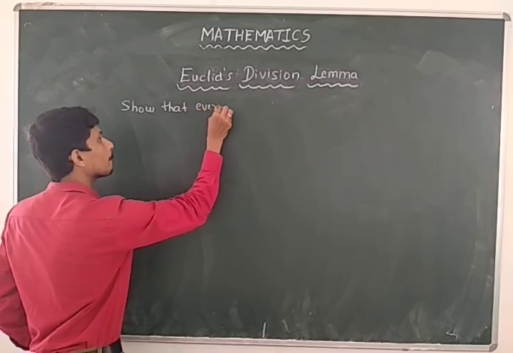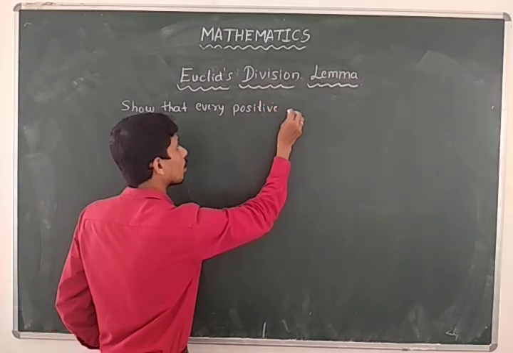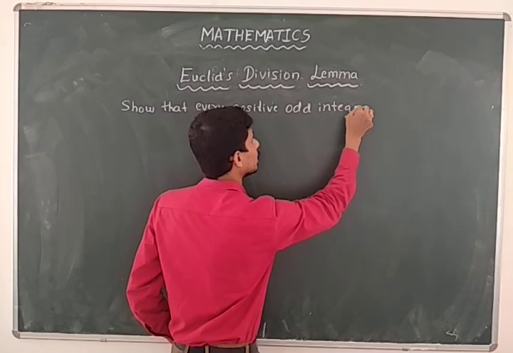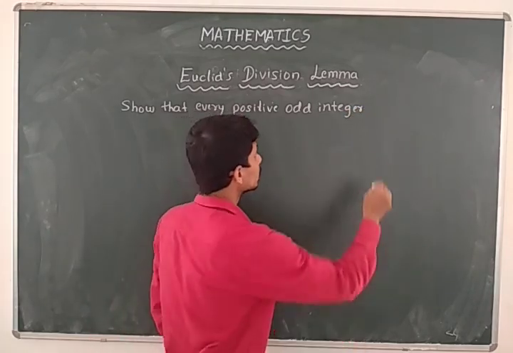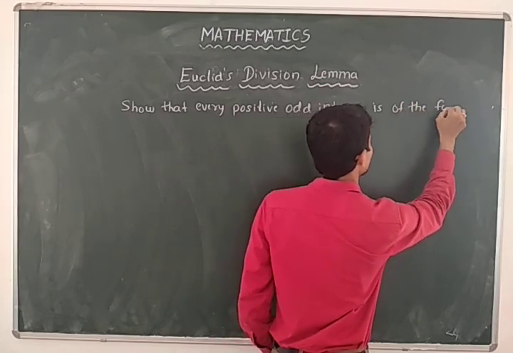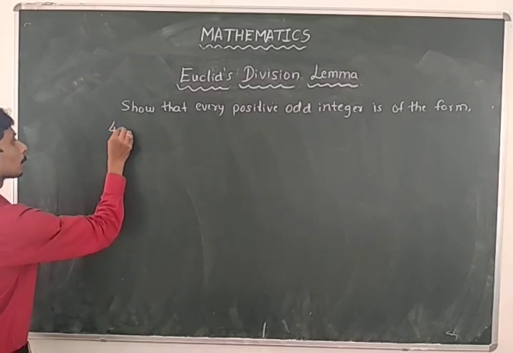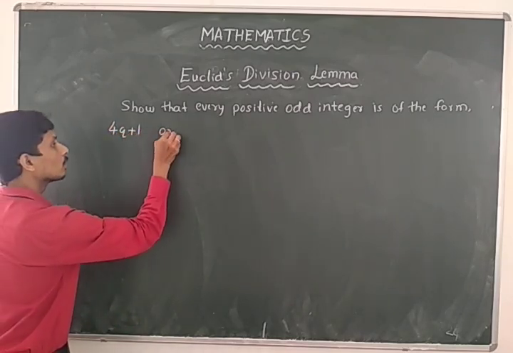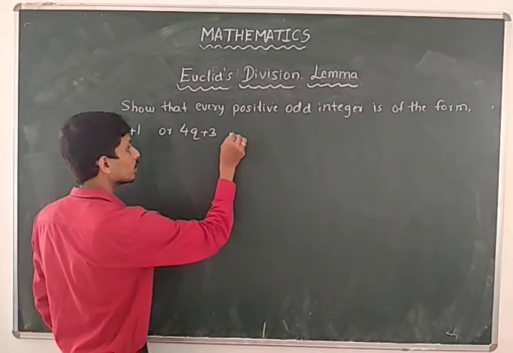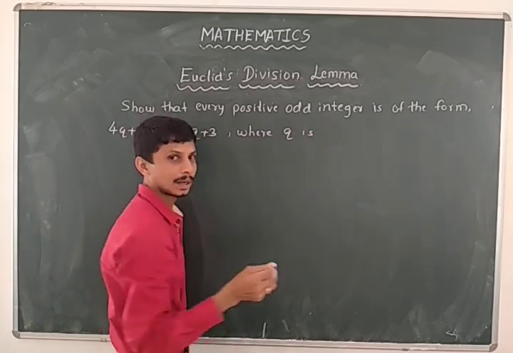Show that every positive odd integer is of the form 4q plus 1 or 4q plus 3, where q is some integer.